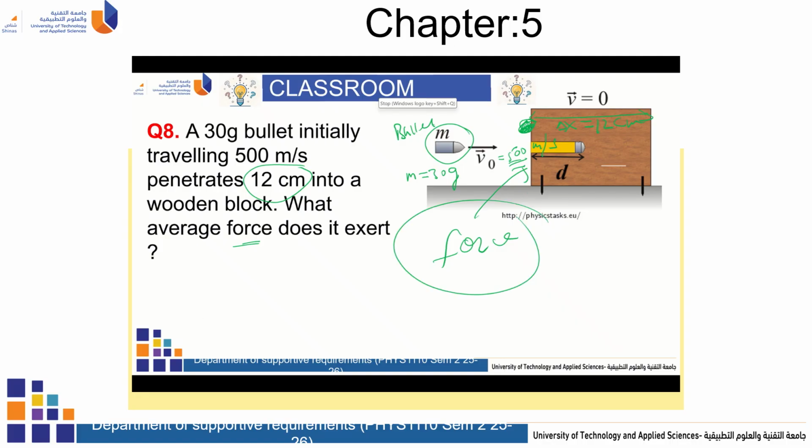So for this question, what are the parameters given to us? Actually we have to find the force here. The value of the mass is given, that is 30 gram, but gram we cannot take, so I need to multiply by 10 to the power minus 3, and this converts to kilogram.